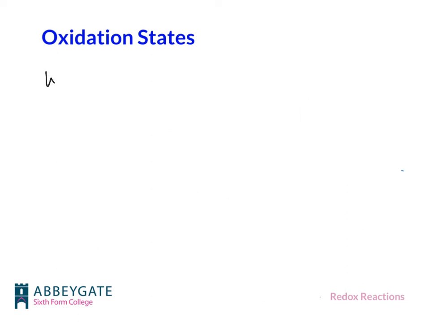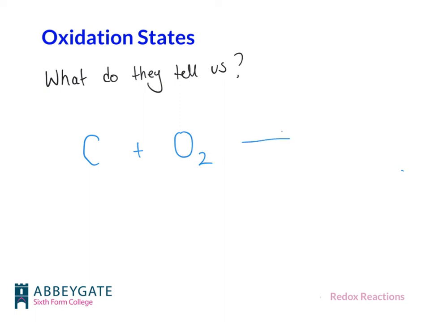So finally, let's have a look at how oxidation states are useful, what we can do with them, and how they give us information about what's happening in terms of redox. If we go back to the equation we looked at near the start, where carbon reacts with oxygen and forms carbon dioxide, we can assign oxidation states to everything.